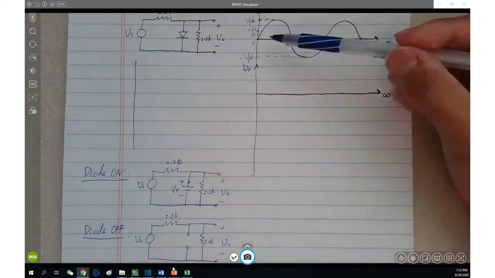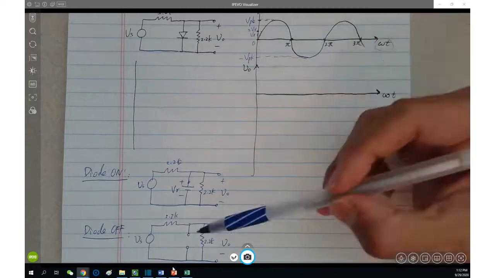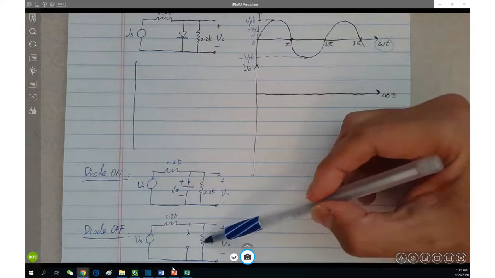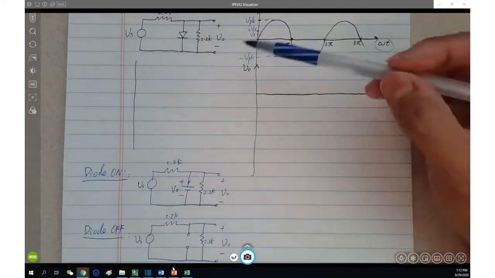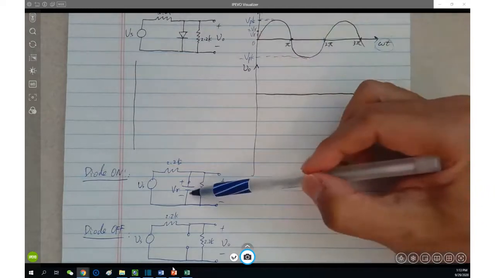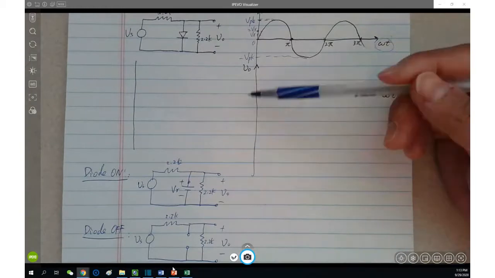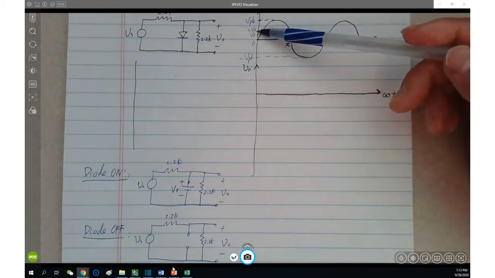So if we start to think from here, at the beginning Vs is small, so the diode is off. Then Vs increases until somewhere the diode becomes on. However, what's the boundary? The boundary means Vs must equal 2V gamma.